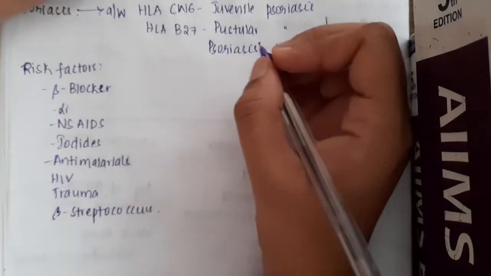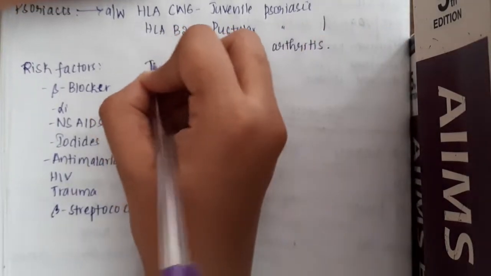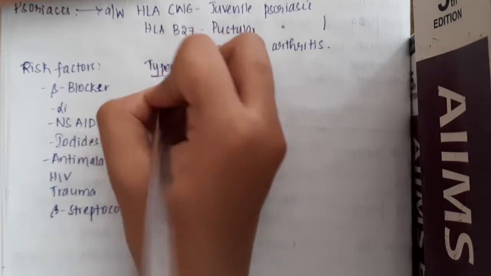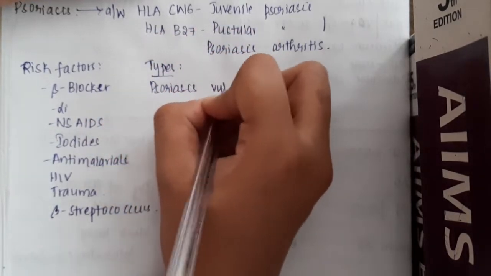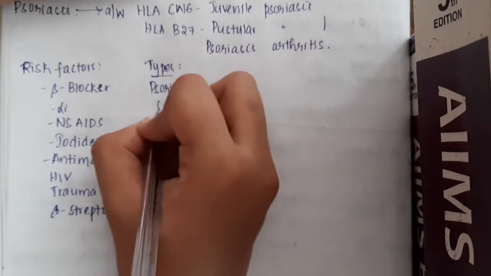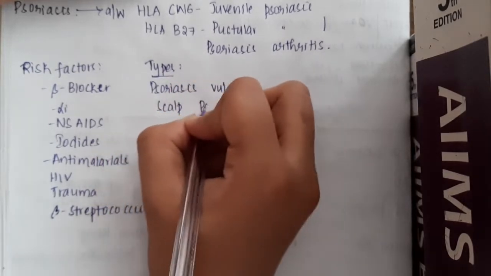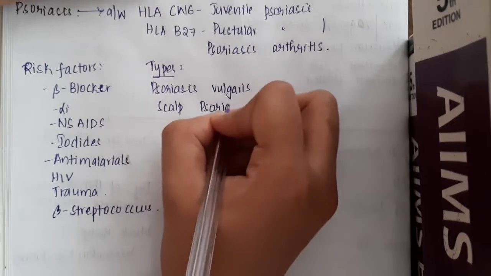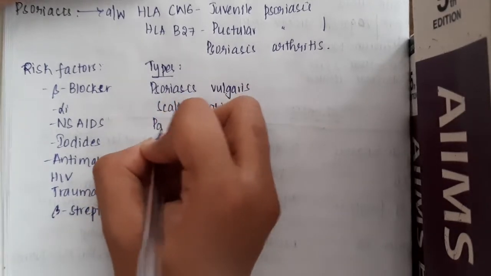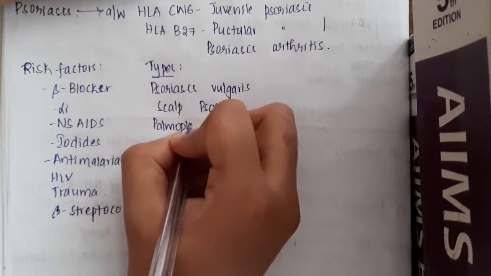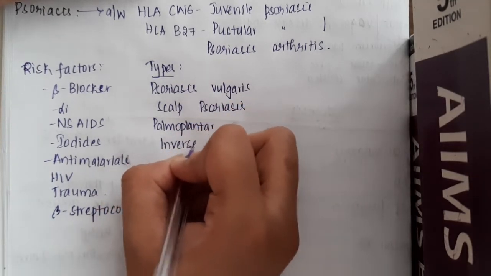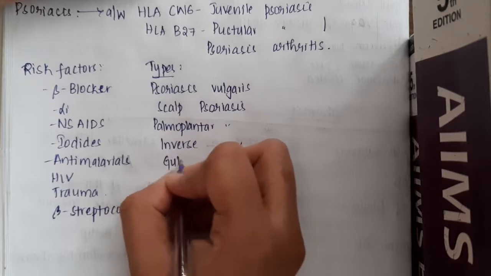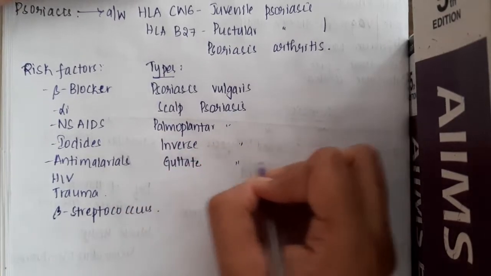Then what are the types of psoriasis? Types are, we have psoriasis vulgaris, then we have scalp psoriasis, we have palmoplantar psoriasis, inverse psoriasis, guttate psoriasis.